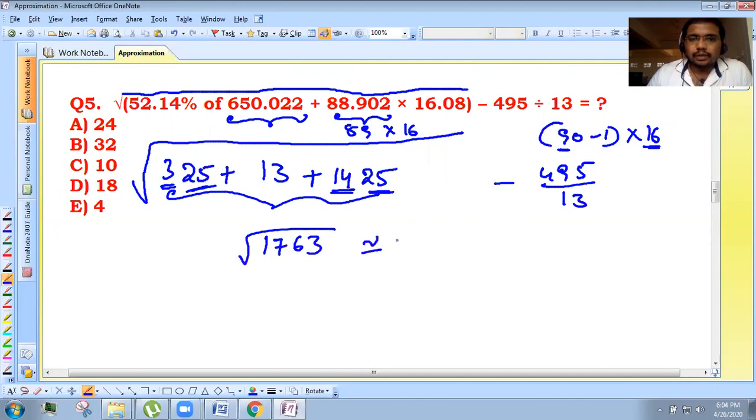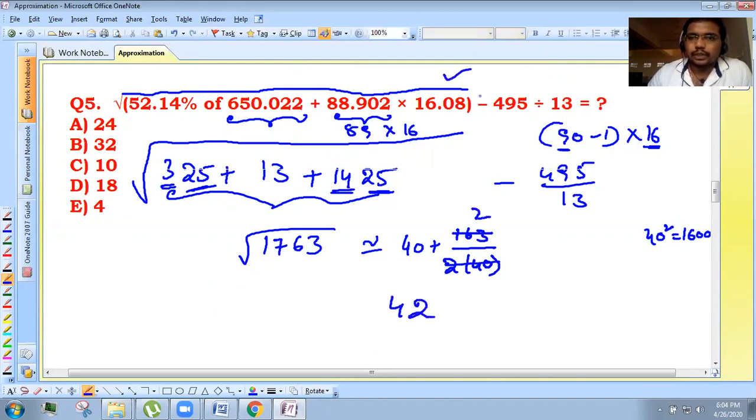You can make it approximately 40 square. 40 square is 1600 actually. This is approximately 40 square, 40 plus extra 163 by 2 times of 40. By 2 times of 40, 80. 2 times cancel. That means the approximate answer is 42. This under root value is 42.